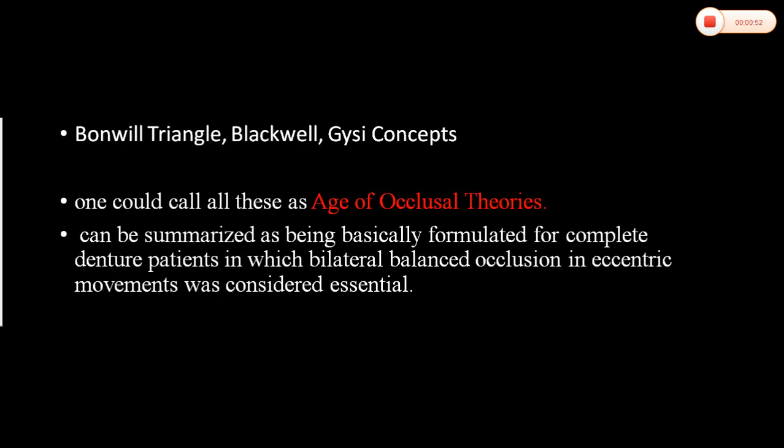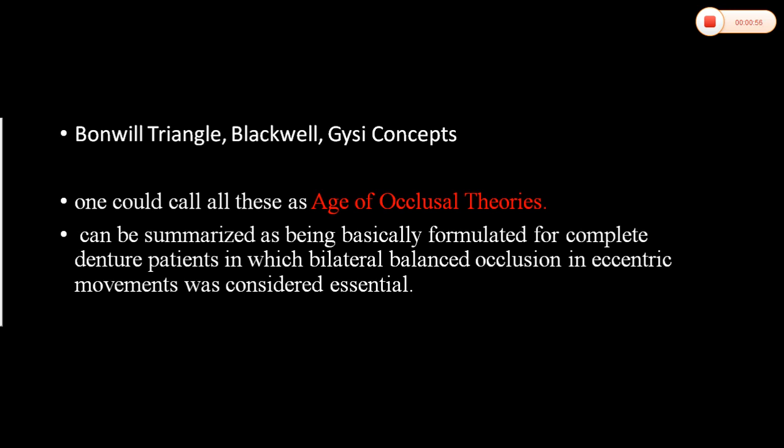See, there are various concepts. In your articulator class, Vamsi sir has taught you different articulators. So depending on the articulators, those authors have given different concepts. A few are depending on Bonwill triangle.